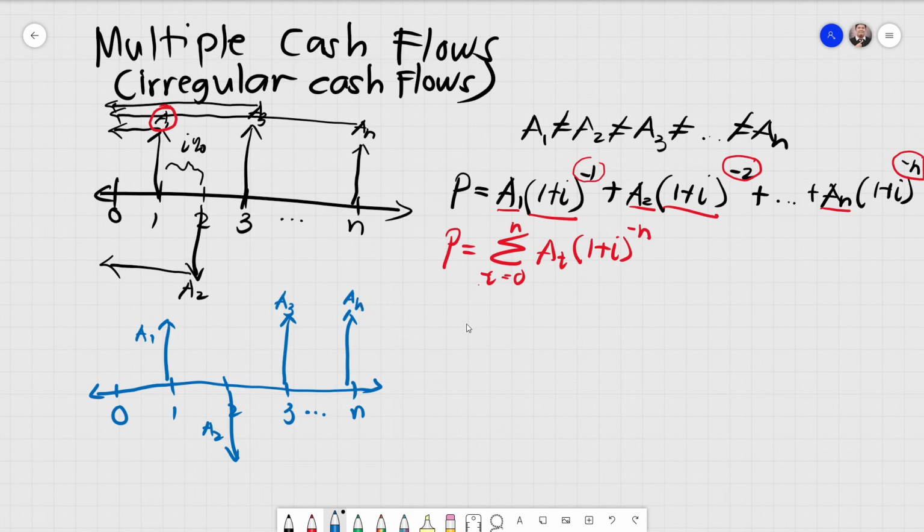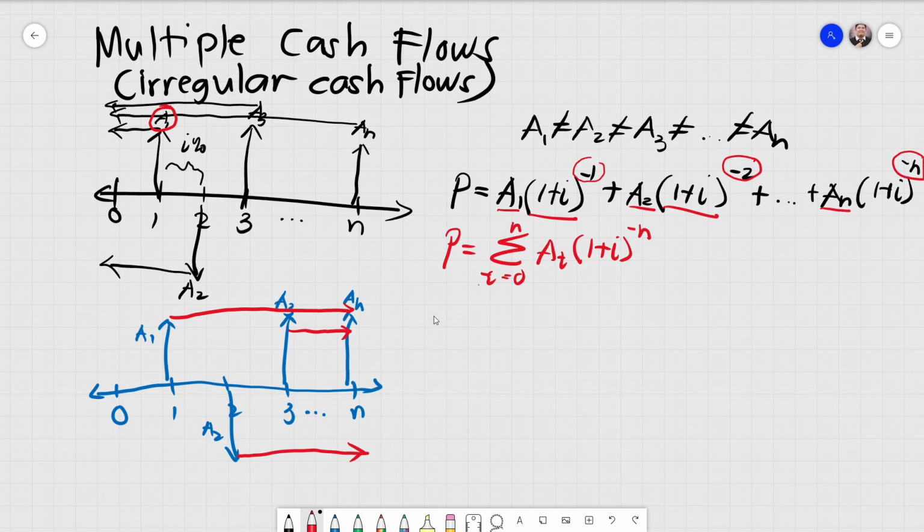Paano ang working diagram naman natin dito? Itong mga cash flows na to ay kailangan natin kunin ang kanilang future value at say for example time n. Lahat ng cash flows na ito ay dadalhin natin dito sa time n. A sub 2 sa time n din natin siya idadala. A sub 3 ay sa time n din natin siya idadala. Meanwhile, A sub n ay nag-occur na talaga siya sa time n.